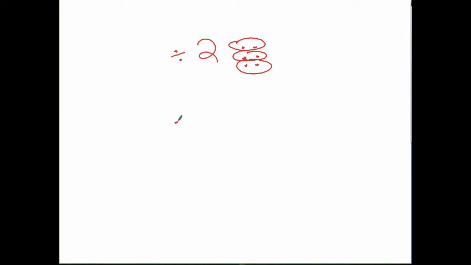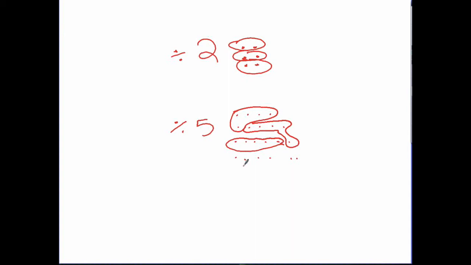If I divide a number by 5, how many dots will be in each circle? 5. 1, 2, 3, 4, 5. 1, 2, 3, 4, 5. 1, 2, 3, 4, and the cheese stands alone. So if I divide a number by 4, how many am I going to circle? 4. Think of it like messed up bowling balls.